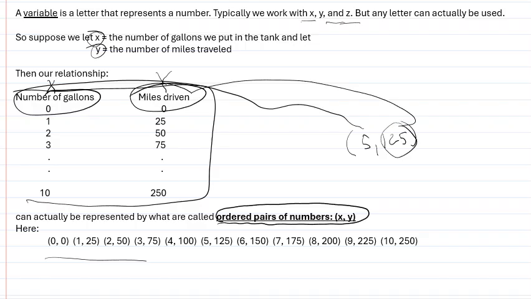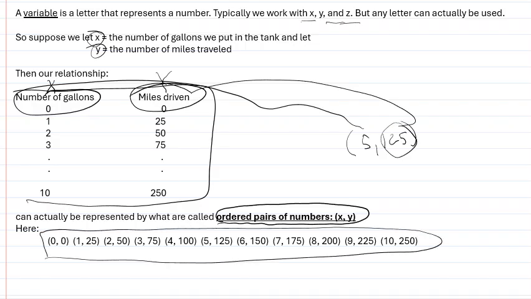So below here, you will see the ordered pairs associated with this relationship. Relationships really do consist of ordered pairs of numbers. And here they are.